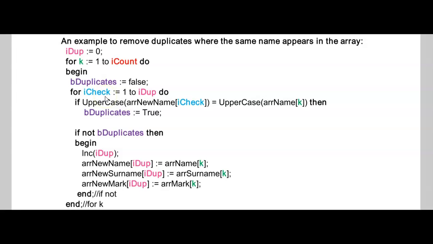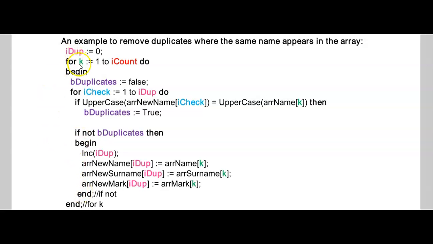So I am checking if the item number 10 in array name is equal to any one of the items in array new. If it does find the name, it then changes bDuplicates to true. So then this line here won't be executed, so any duplicate names won't be added to my new array.